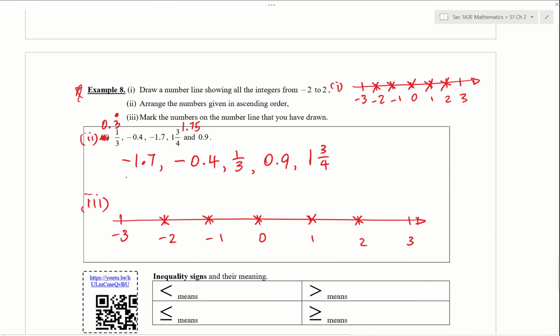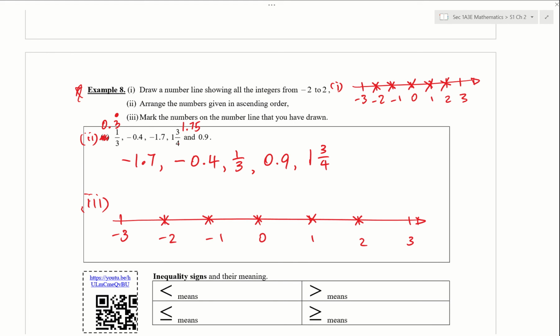So let us find out where is negative 1.7. What are the two integers beside negative 1.7? Negative 1 and negative 2. So negative 1.7 is found somewhere here. But exactly where? Is it closer to negative 2 or closer to negative 1? Yes, closer to negative 2.